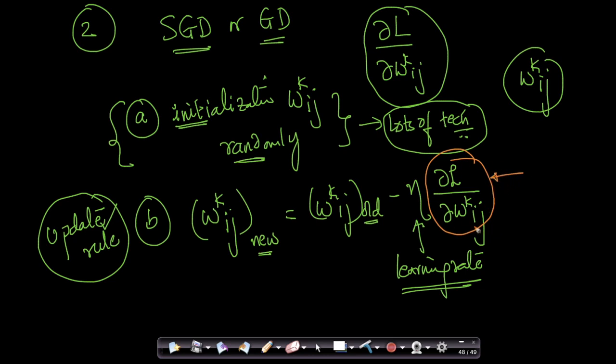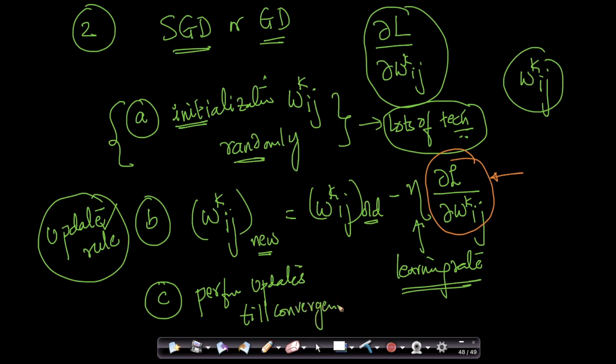Because once you know how to compute this, you can keep updating these weights. So the next step is to perform updates till convergence. And as we learned earlier, what does convergence mean? Convergence basically means you keep changing your Wkij till the old and new values are almost very close.